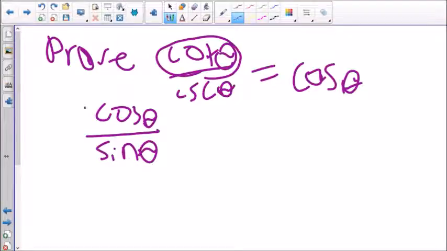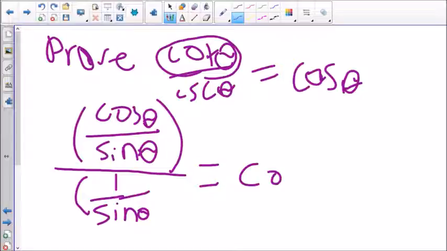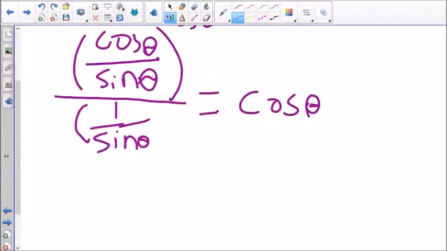I would put that in parentheses just to show that that's one thing, and you put that over 1 over sine theta, because those are the reciprocal and ratio identities, and that equals cosine theta again.